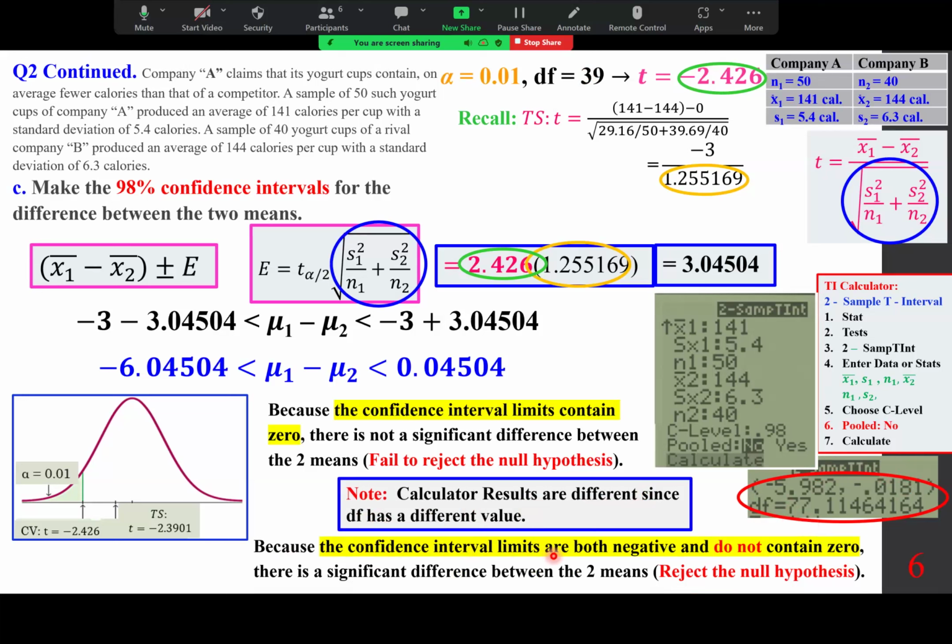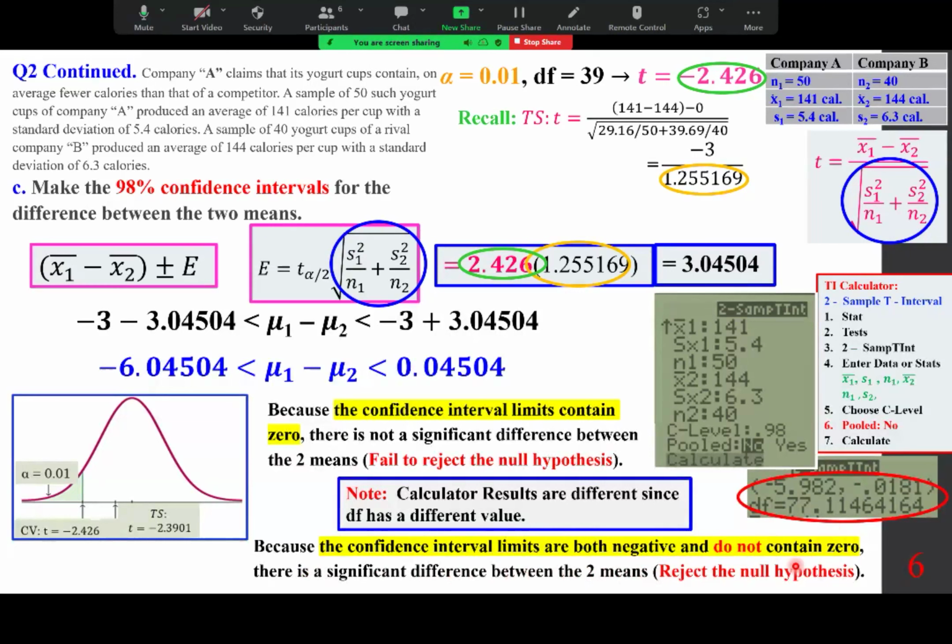because the confidence interval limits are both negative, in other words, both have the same sign. If they are both negative or positive, it means the same thing. Both have the same sign, in this case negative, and do not contain zero. That's the key. Do not contain zero. There's a significant difference between the two, which means reject the null hypothesis.